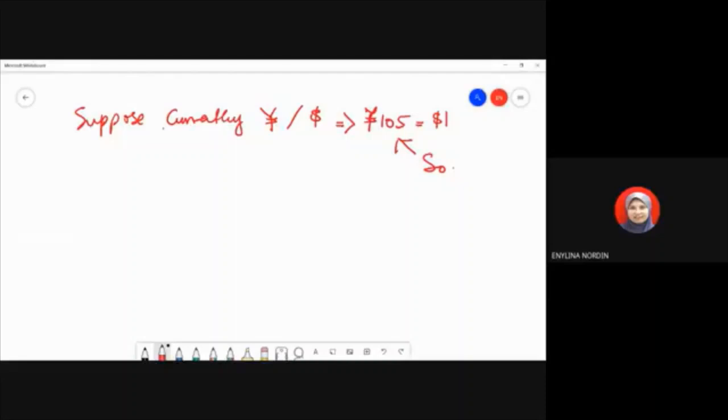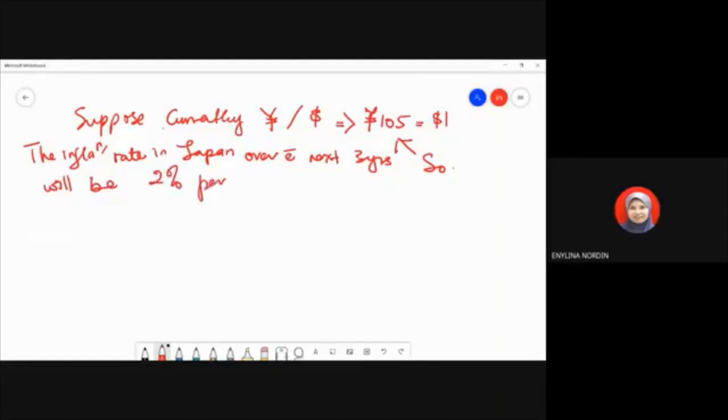And then the inflation rate in Japan over the next 3 years. So here it is stated that the inflation rate in Japan over the next 3 years will be 2% per year.